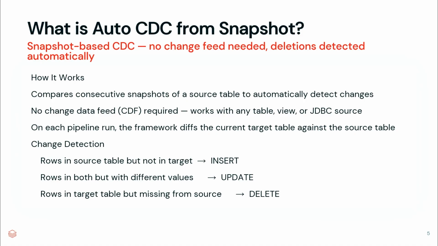That's exactly what auto CDC from Snapshot implements. It compares your snapshots and infers what the changes are, so you don't have to put in extensive application logic just to capture that change sequence. We're going to talk a lot more about how the snapshot infers the change sequence.